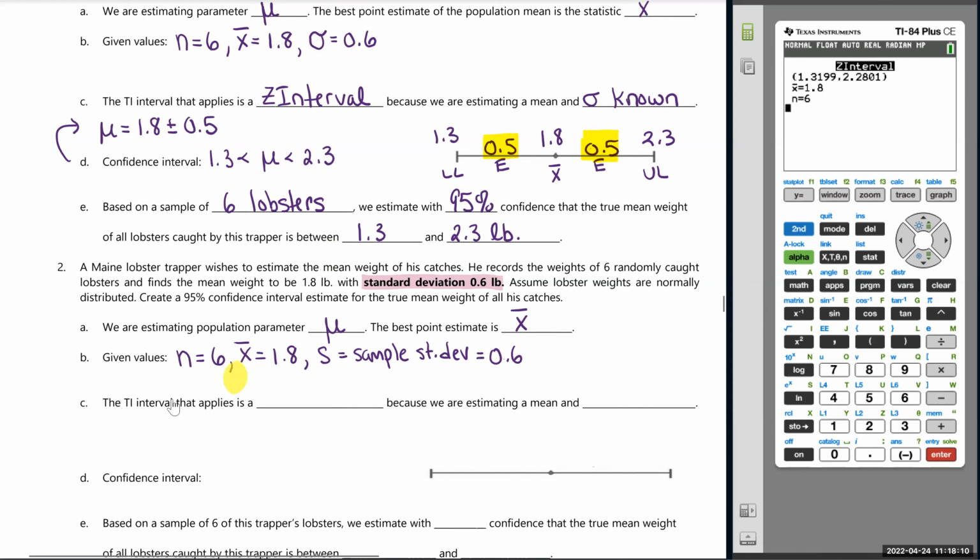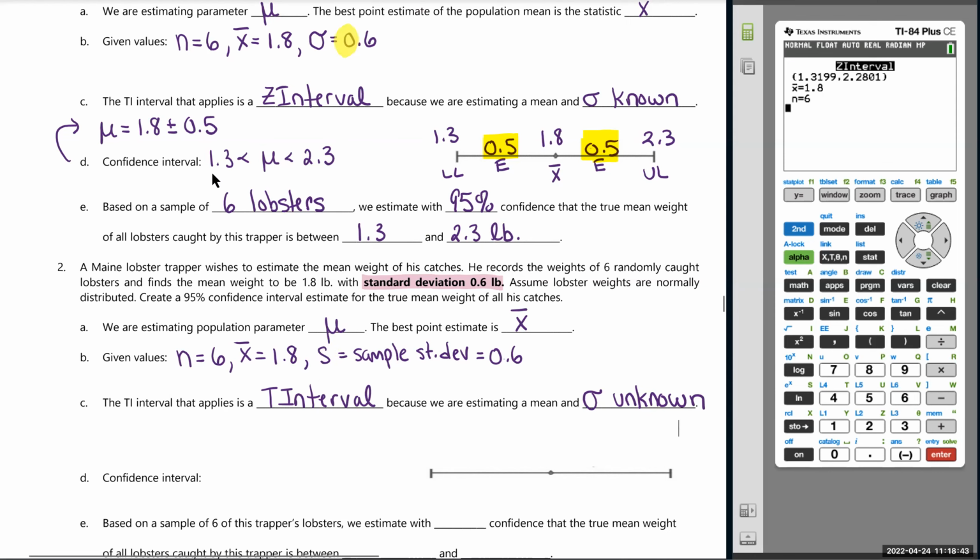When we don't know sigma, we rely on the T distribution, and on our calculators, technology will be a T interval because we're estimating a mean, and sigma is unknown. So you have to pay attention to standard deviation. It is not always sigma. It's sigma for population, and it's S for sample standard deviation.